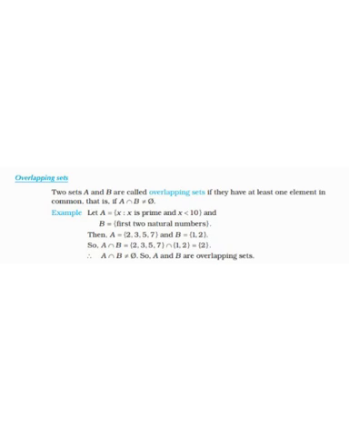A intersection B equal to empty means disjoint; not equal to empty means overlapping. For example, A is the set of x such that x is a prime number less than 10, and B is the set of the first two natural numbers. That means A is 2, 3, 5, 7 and B is 1, 2. The common element is 2. At least one element in common means the sets are called overlapping sets.